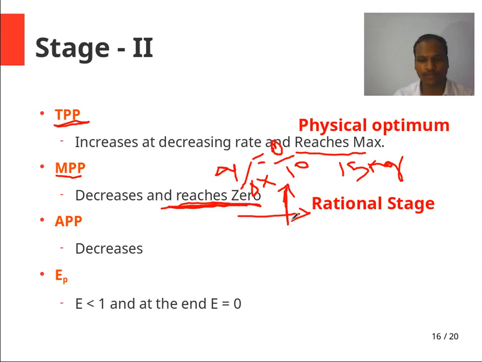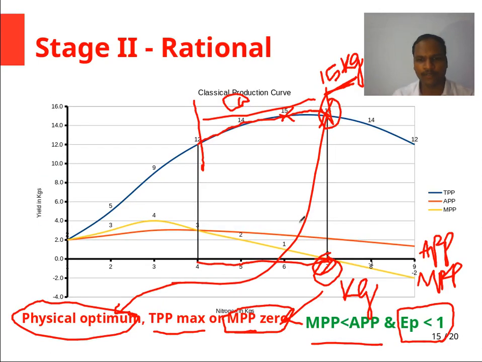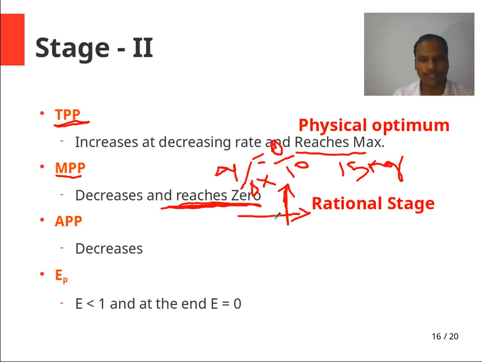So in the graph we can say that it is 7. So when it is 7, the MPP is 0. When it is 0, we can stop the production, because additional units will not give us any production. So that is why it is called as rational stage.